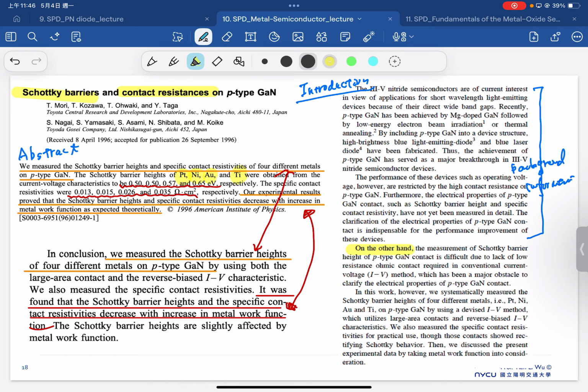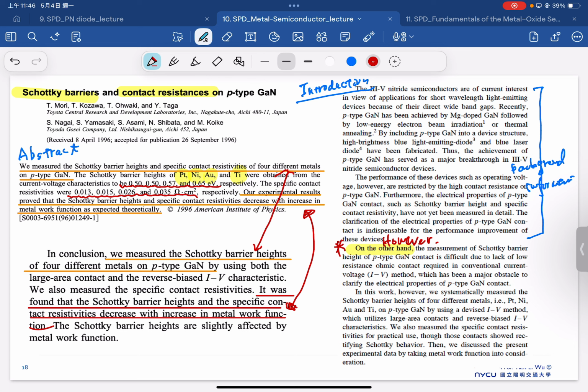On the other hand, however, this is the turning point that starts to bring your attention to a problem. The previous two paragraphs just say the recent advance, but now we have a problem.